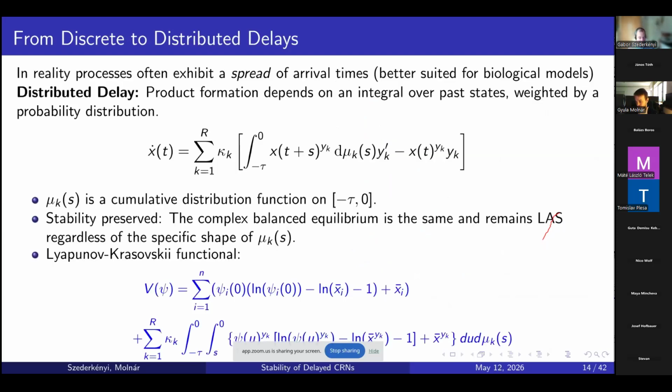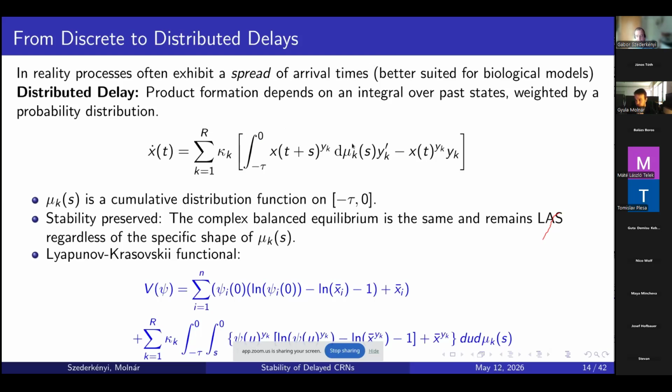Okay, so let's switch a little bit to distributed delays. In reality, these delays are uncertain, or they have some distribution of arrival times, and the literature writes that distributed delays are much better suited for biological models. So the product formation now depends on a distributed delay, so an integral over past states, weighted by a probability distribution.